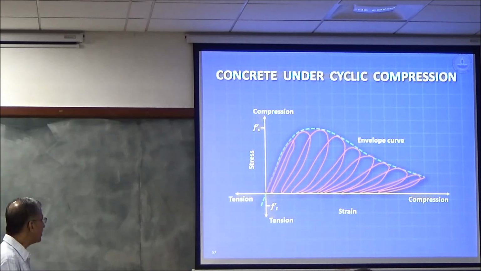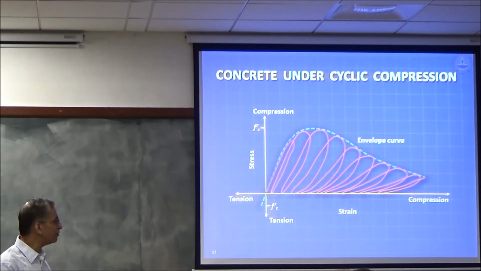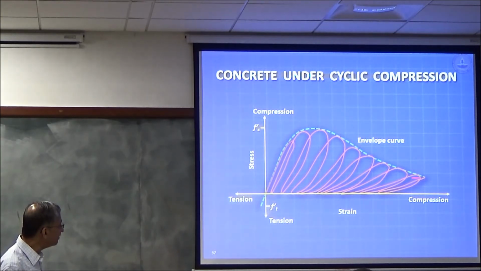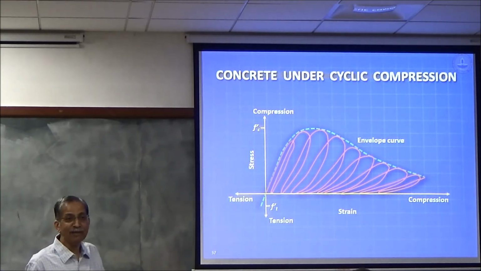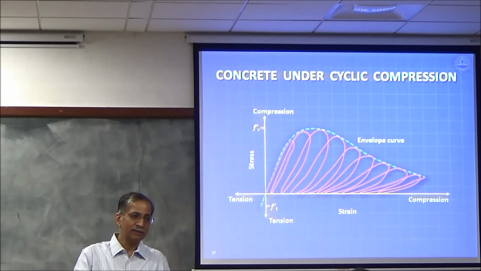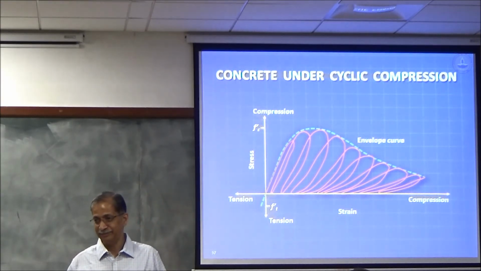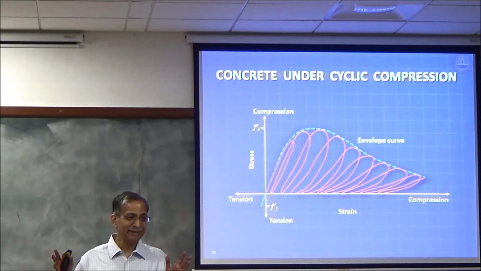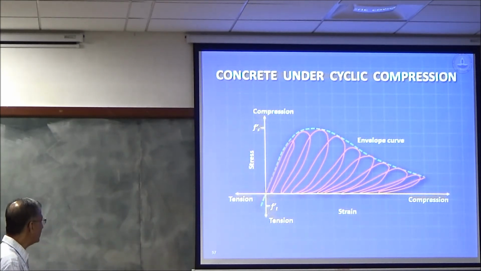It's interesting because for almost all materials you'll find that if you trace the peak points and draw an envelope curve, it's more or less the same as what you would have got had you done monotonic loading. Very interesting. Supposing I had loaded this without reversing the load, then I would have got this.